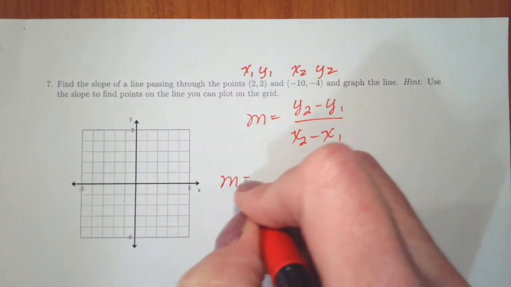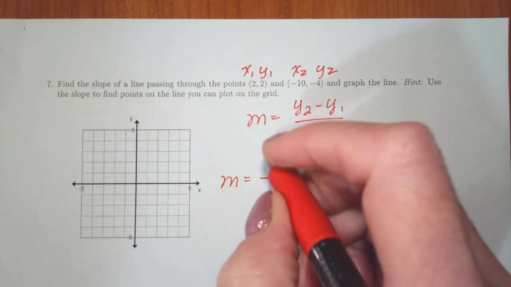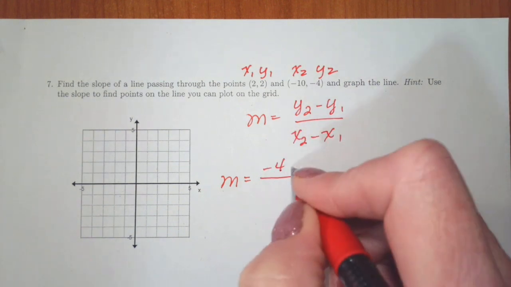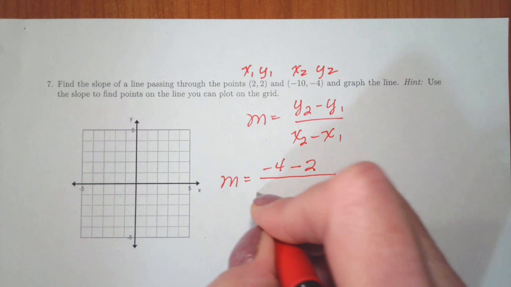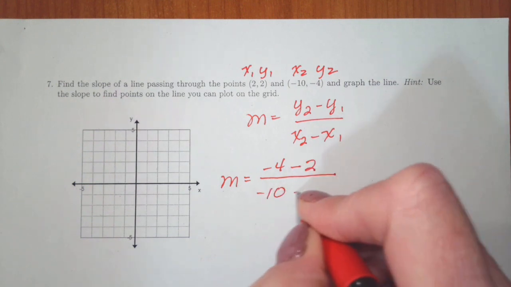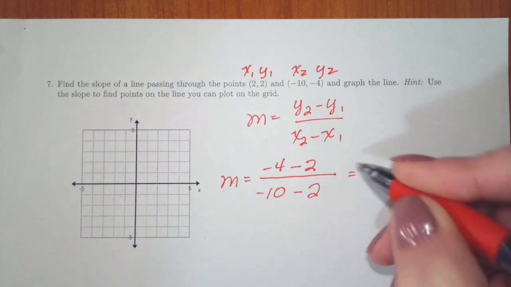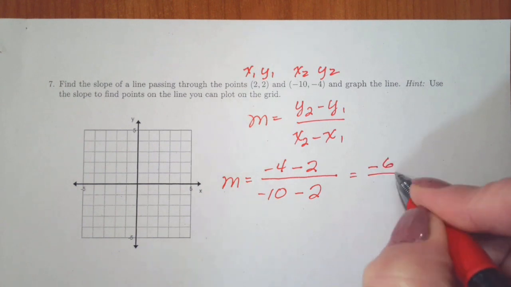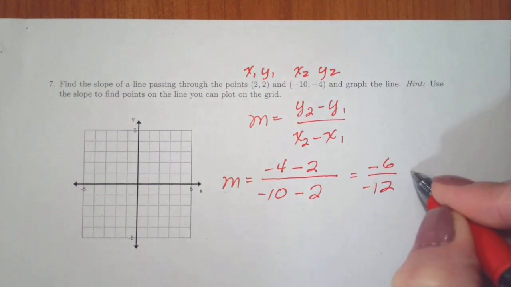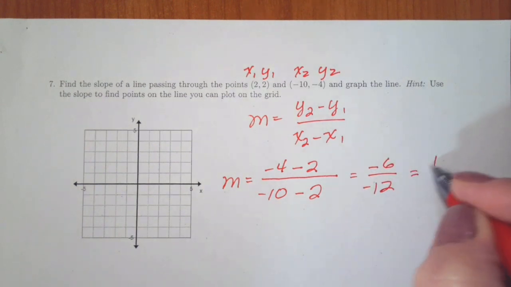And so my slope becomes -4 minus 2 divided by -10 minus 2. So that gives me -6 divided by -12, which when I reduce that becomes 1/2.